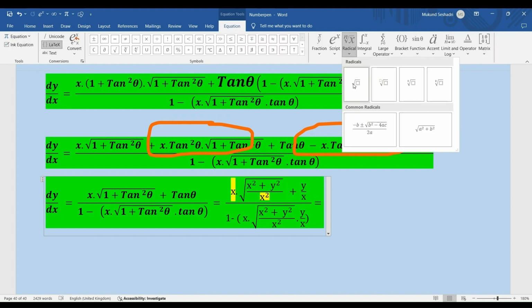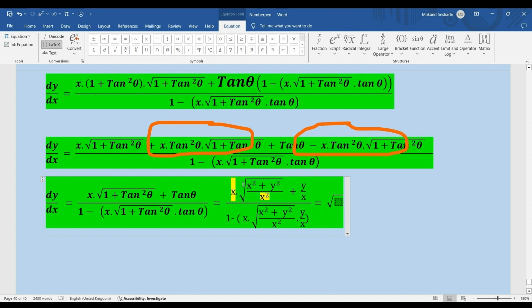So what do I get now? I get a square root of x square plus y square, first part of my numerator. And then I have a plus y by x, right? I write it as it is, right? So this is my numerator now.